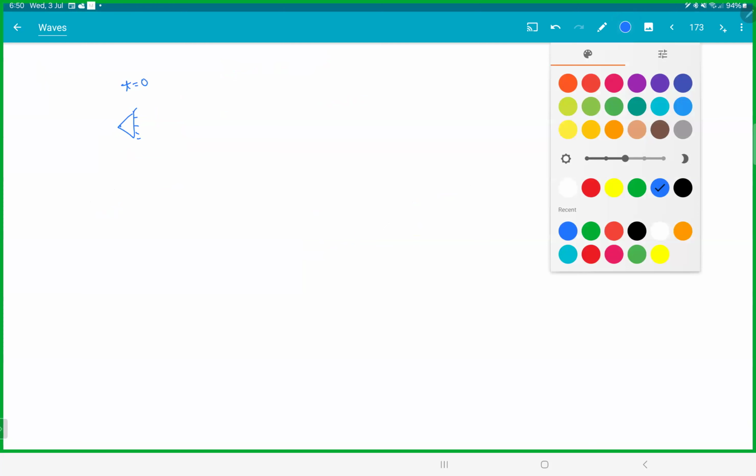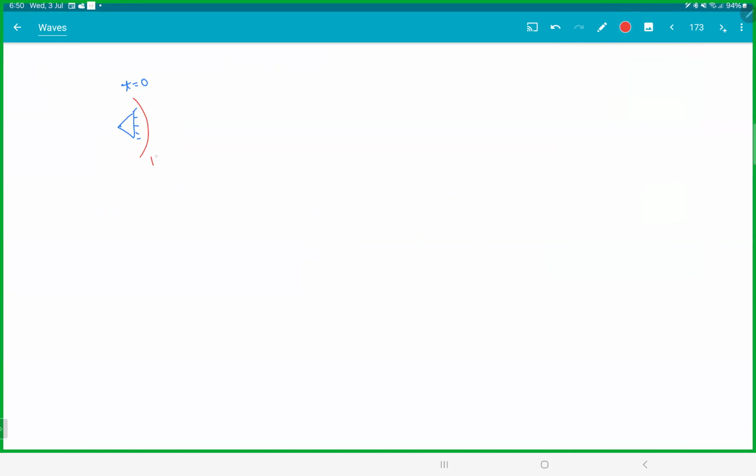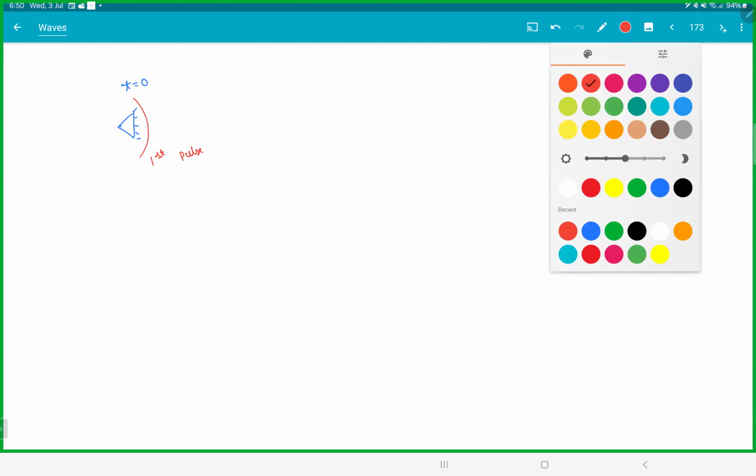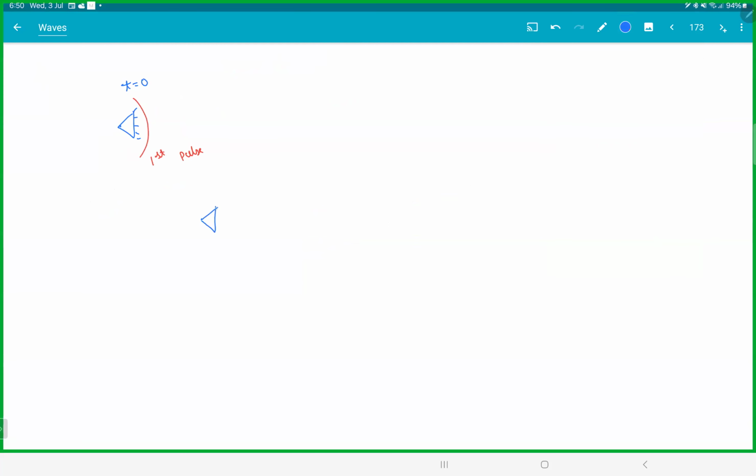t = 0. This was your first pulse. After time T, you traveled a distance of half a T squared. And here you released your second pulse. But in this process, the first pulse has already gone ahead.